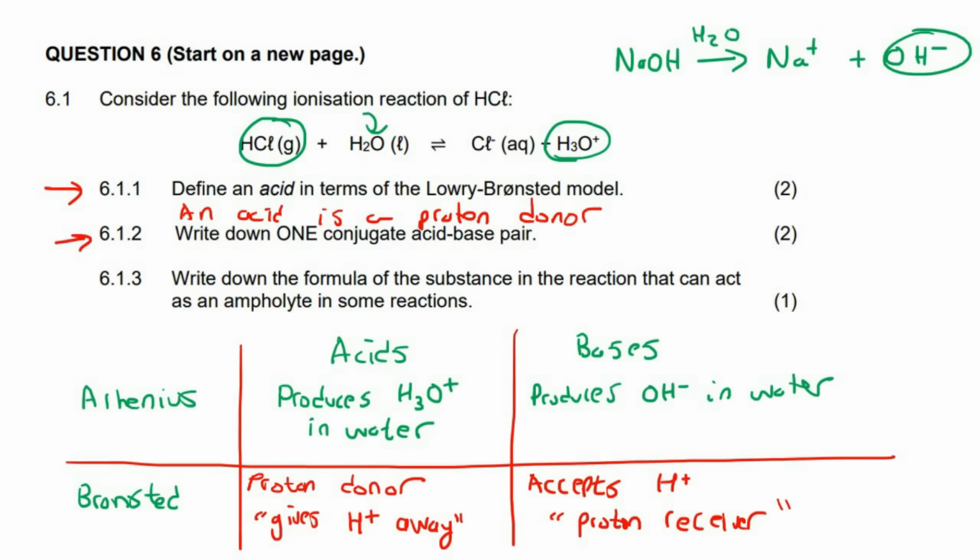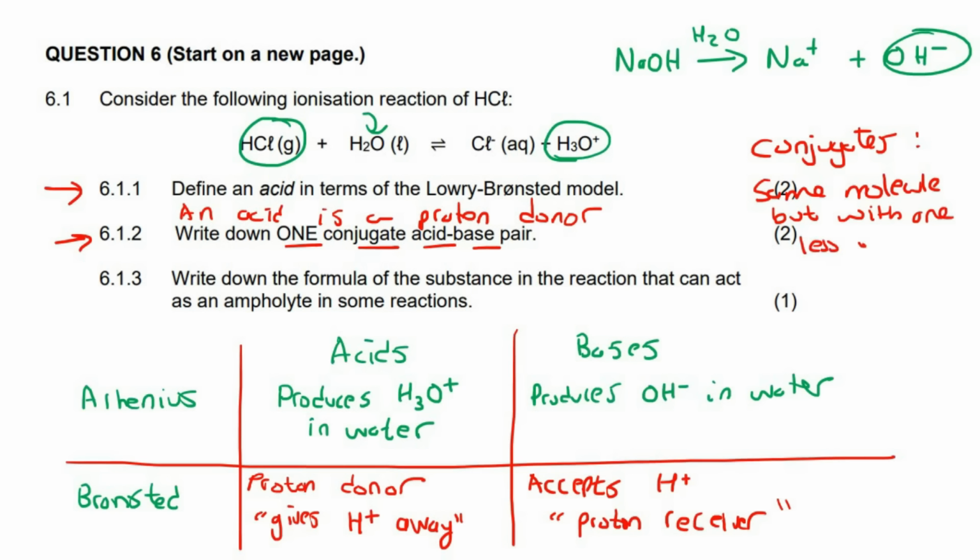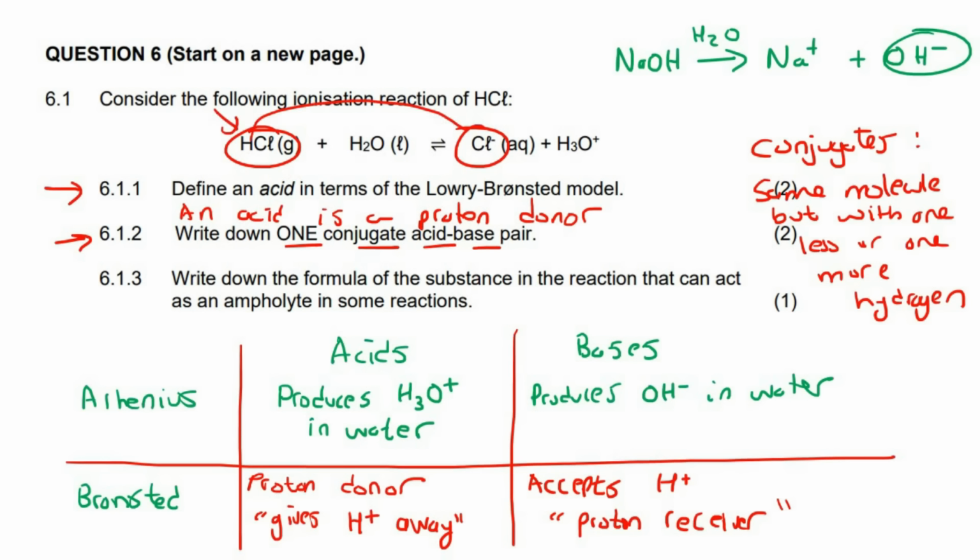This question says, write down one conjugate acid-base pair. What we need to understand about conjugates is that it's the same molecule, but with one less or one more hydrogen. So where do we see the same molecule over here? Well, you could see that one and that one, because there's one hydrogen extra over there.